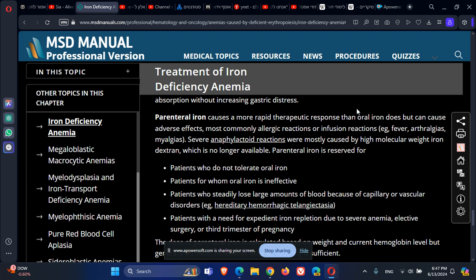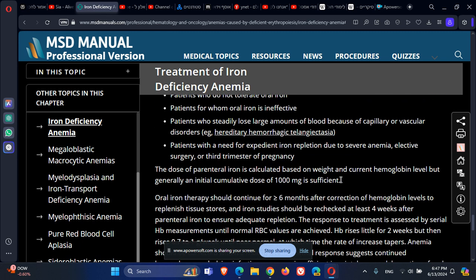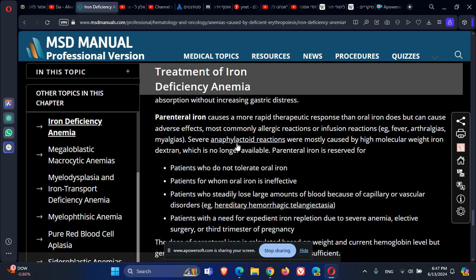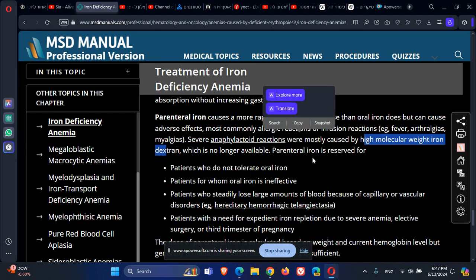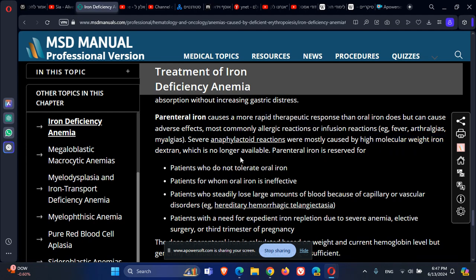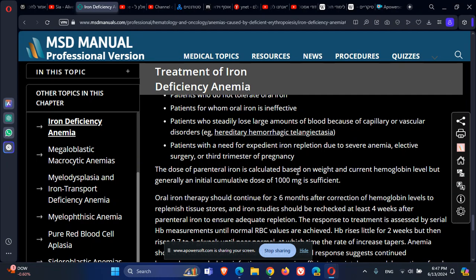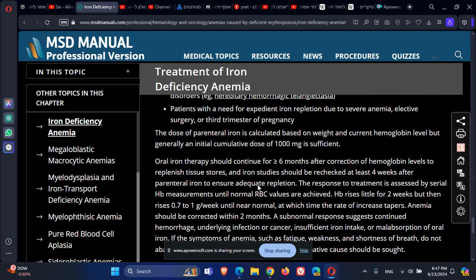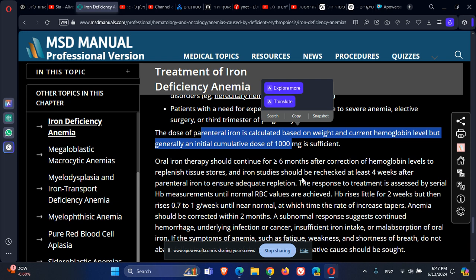So you should be aware of it and be ready for it. Even though today the incidence is lower because the iron is of lower molecular weight, which is less anaphylactoid. The usual dose of parenteral iron is around 500 or 1000 milligrams, usually sufficient. It's based on the weight of the patient, but this is usually it.